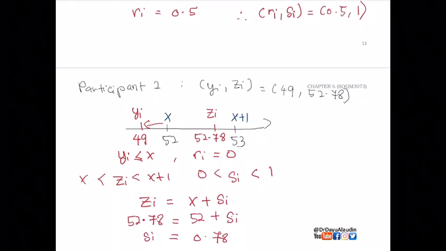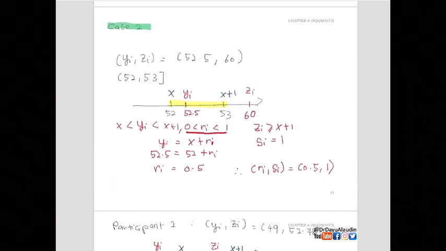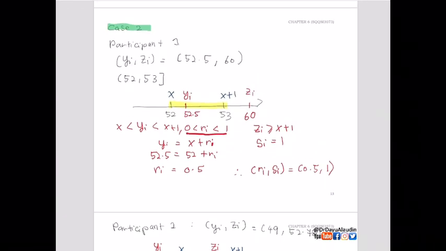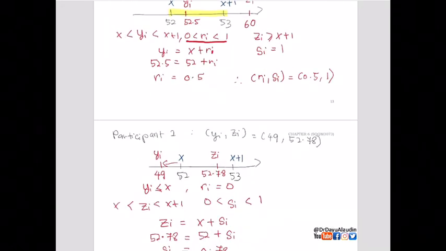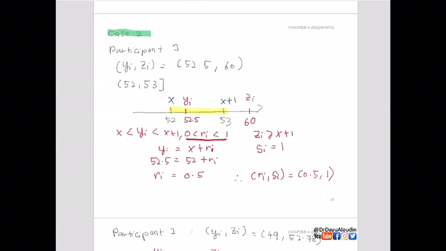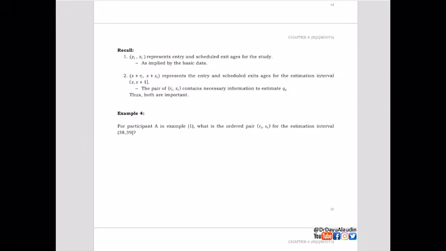So the Ri and Si for participant 2 in case 2 are 0 and 0.78. For participant 1, Ri is in between the interval estimate, and for participant 2, Zi is in between the interval estimate. This is how we determine the Ri and Si.